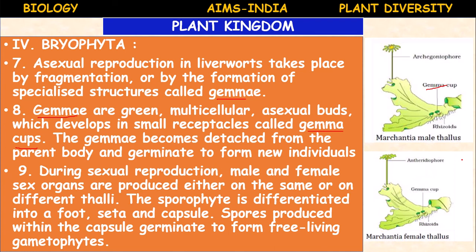Okay, vegetative reproduction in mosses is by fragmentation and budding. In the secondary protonema stage, budding also occurs. In sexual reproduction, the sex organs, antheridia and archegonia, are produced at the apex of the leaf shoots. Here, see, at the apex of the leaf shoots, these antheridia and archegonia are produced. And after fertilization, the zygote develops into the sporophyte consisting of a foot, seta and a capsule.